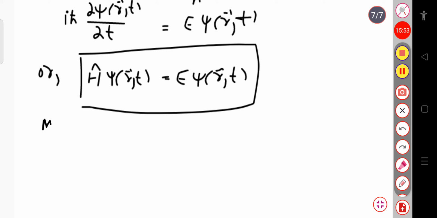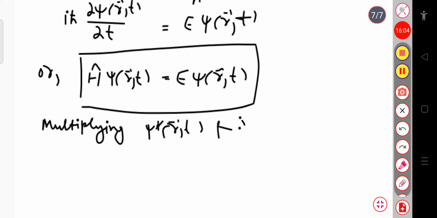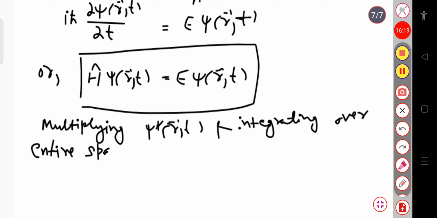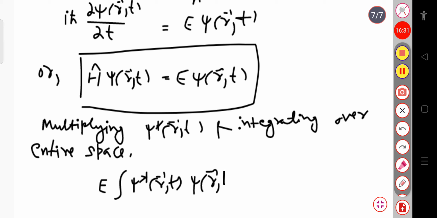Multiplying by ψ*(r,t) and integrating over the entire space, we can write E times the integral of ψ*(r,t) ψ(r,t) dτ equal to the integral of ψ*(r,t) Ĥ ψ(r,t) dτ.